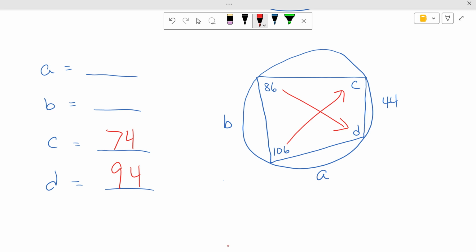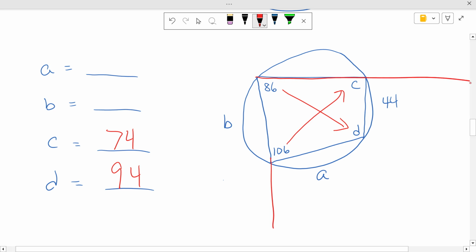Okay. Now, if this is 86 up here, you can draw an angle here that takes up these two arcs. What's 86 times 2? 172. If you take 172 minus 44, you get 128.